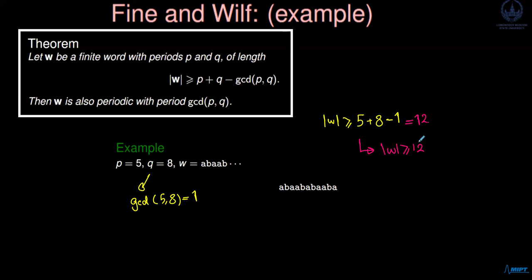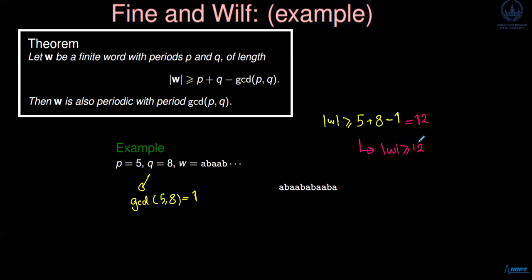So if the length of W is at least 12, then W must have a period of GCD, which is 1, and this means the entire word W repeats after one period, and this condition holds even though W initially has two larger periods, 5 and 8.